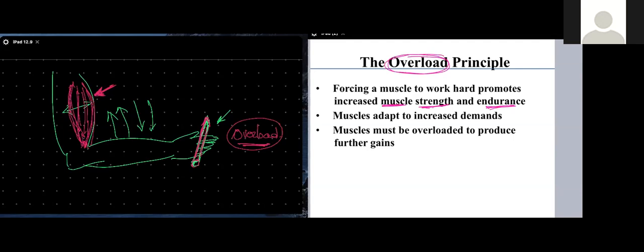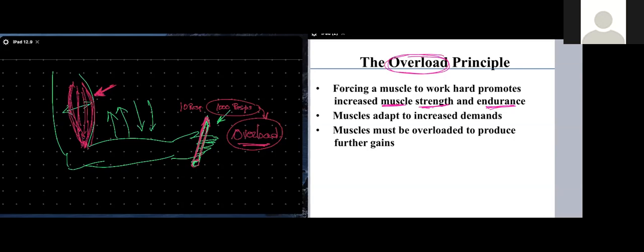Yes, so Najib, if you are contracting for many reps, so you perform more contractions, so rather than having 10 reps, you're going to be performing 1,000 reps of a small load, this is still an overload.